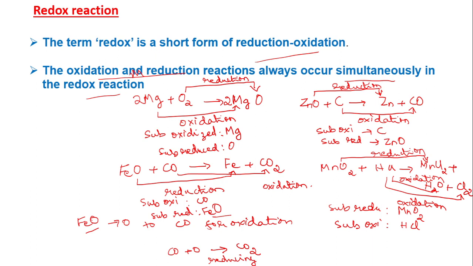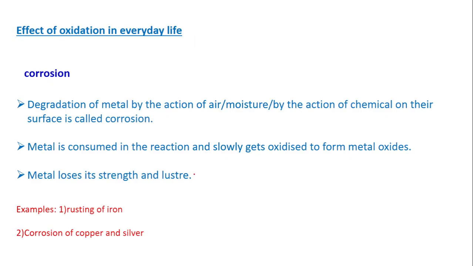Now let us learn the effect of oxidation in everyday life. First is corrosion. What is corrosion? Degradation of metal by the action of air, moisture or chemicals in our atmosphere on the surface of a metal, that is called corrosion. As a result of corrosion, metal is getting consumed and slowly it gets oxidized to form metal oxide.